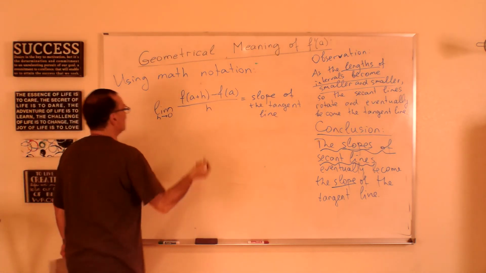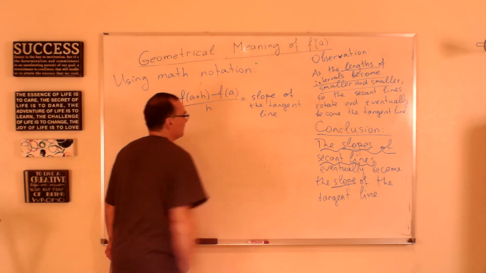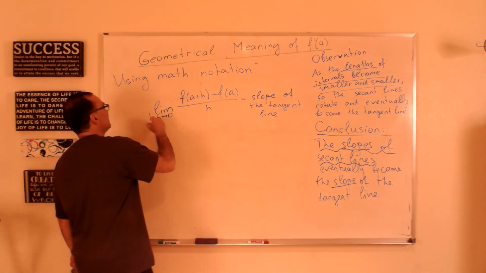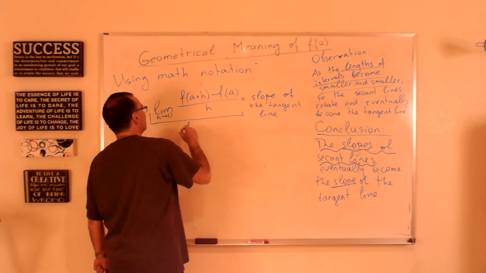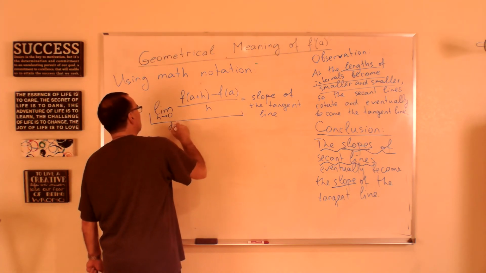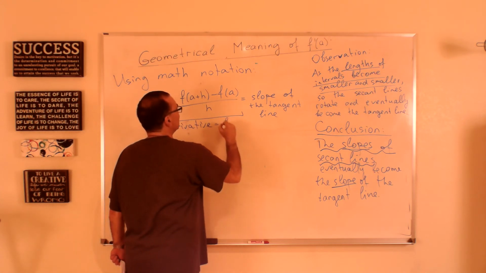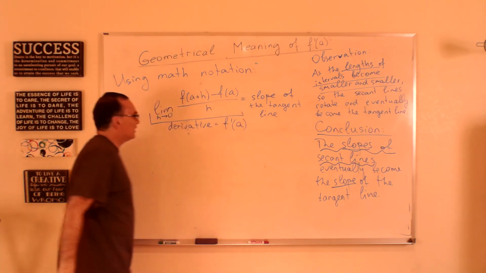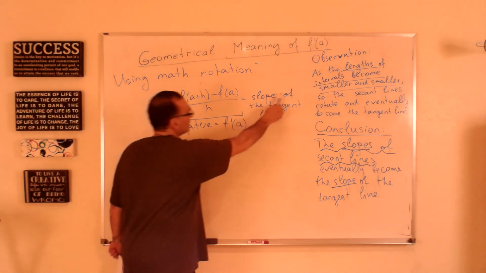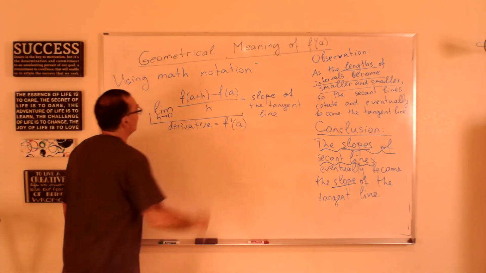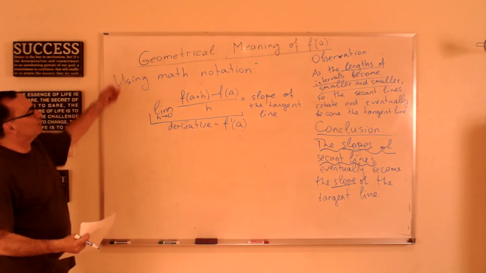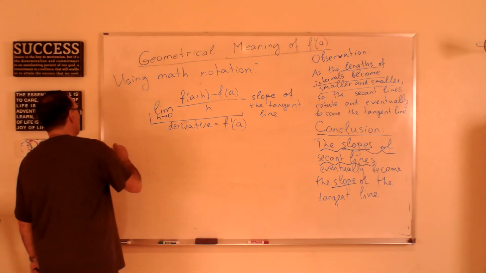So here's what we got, and now the left-hand side of this equation is the same as the derivative that we already have defined. The short notation of this derivative is f prime of a. And here is what we got: the derivative equals the slope of the tangent line. And so here is the geometrical meaning of the derivative.